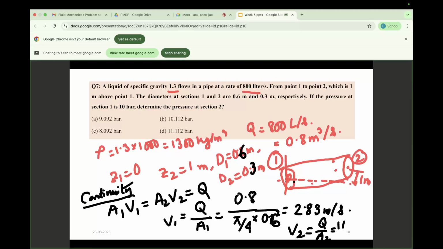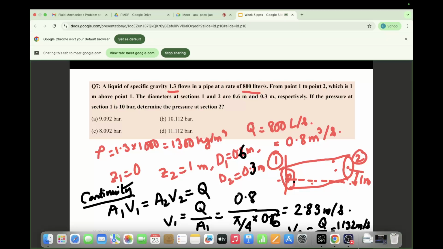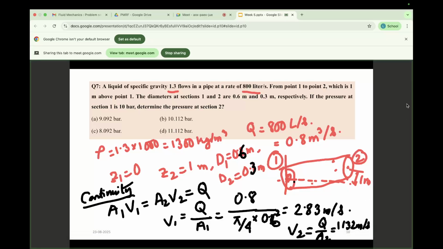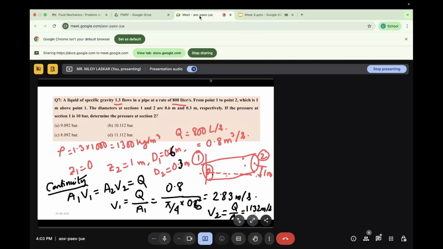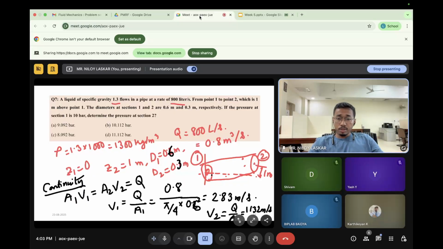So it will be 11.32 meter per second. Up to this it is clear? Please let me know. So I got this V1, V2 and each and everything.